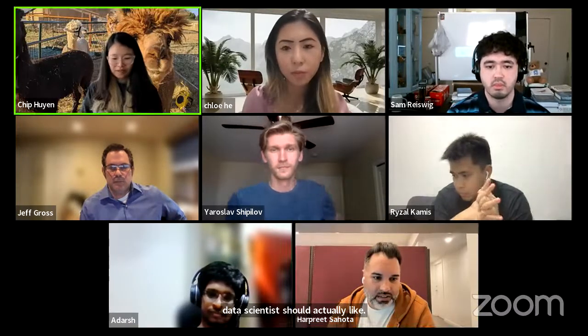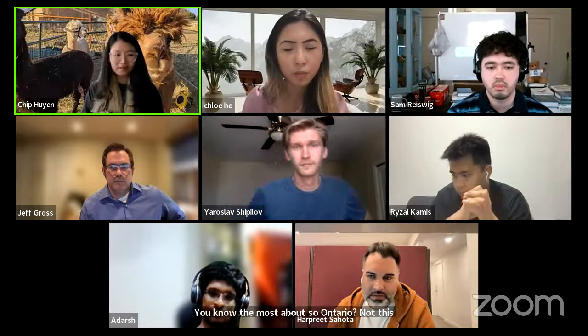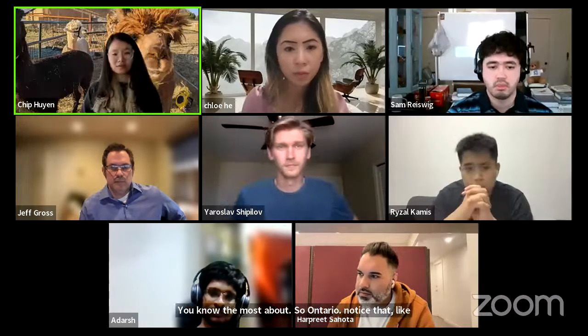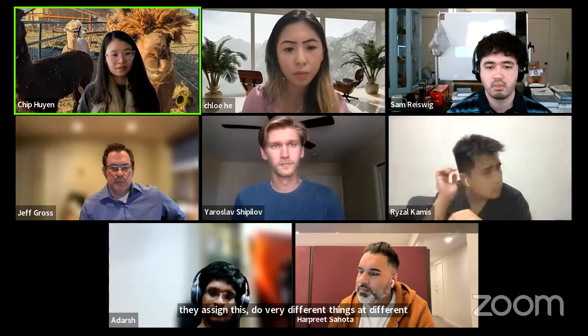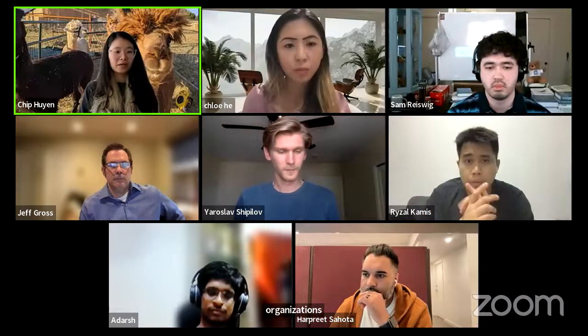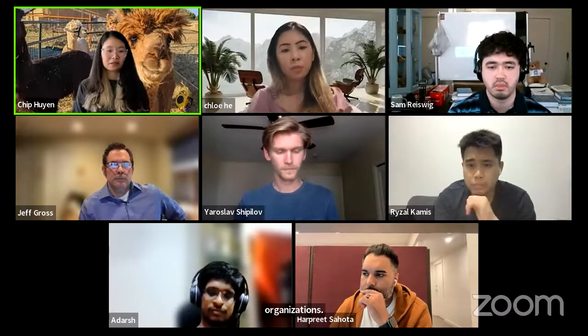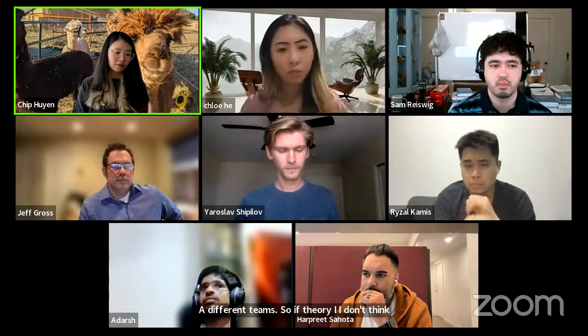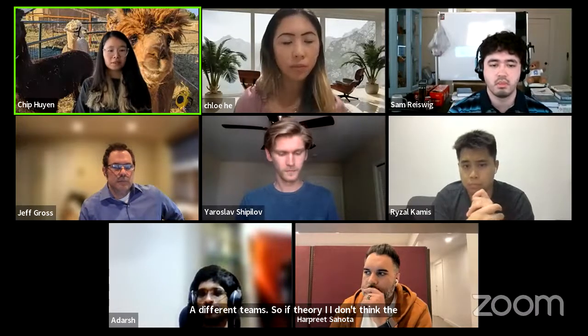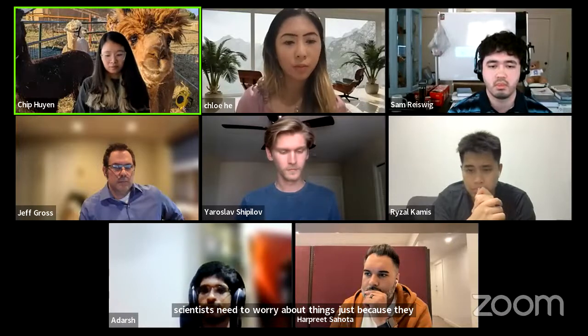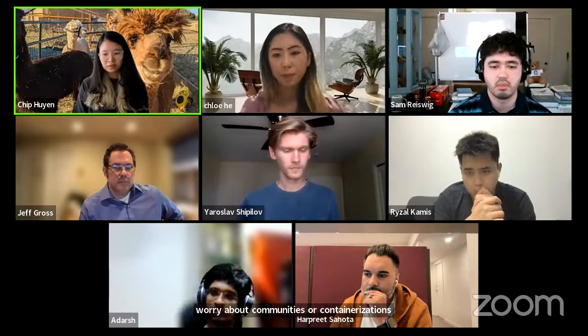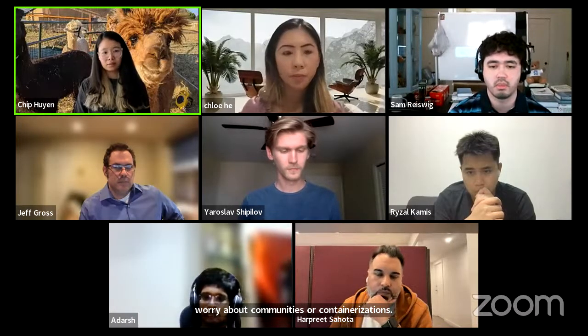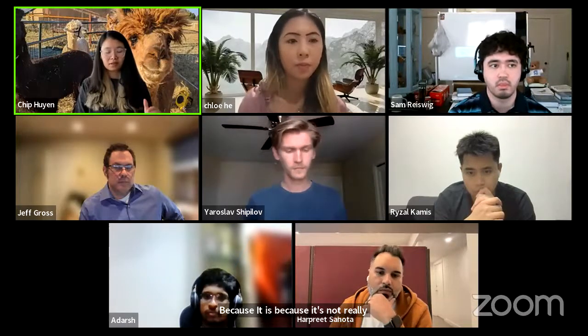So one thing I noticed is that data scientists do very different things at different organizations, at different teams. So in theory, I don't think data scientists need to worry about things like Kubernetes or containerization, because it's not really closely related to their science. It's orthogonal.